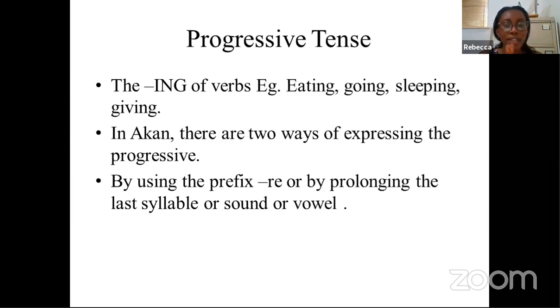One is by using the prefix re. Unlike the present tense where you don't have to mark anything, and just use the raw form of the verb in a sentence, for the progressive you have to add re to it. Or the other way is by prolonging the last syllable or the vowel. I will explain that very shortly.